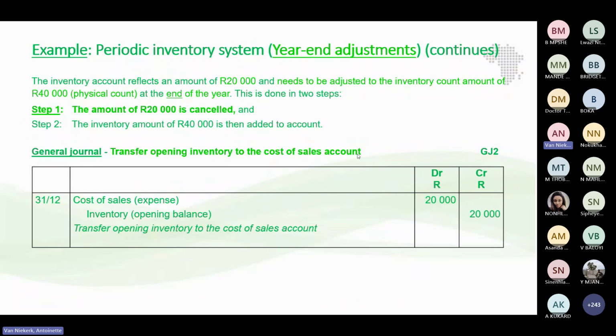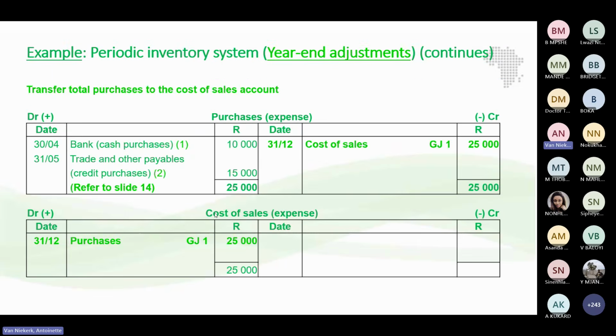So again, you are taking something to the cost of sales account. Your cost of sales account is an expense which will increase with this 20,000 Rand when it's taken to that account on the debit side. Your inventory account, which had this opening balance on the debit side originally, remember here?